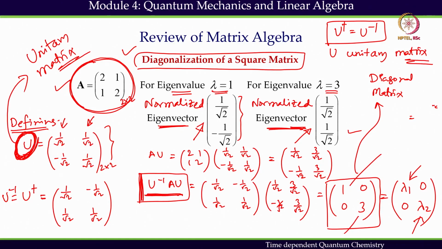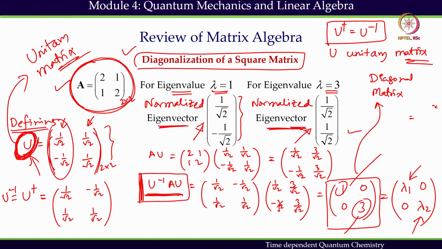And how can I get the eigenvectors? Eigenvectors are already given within this U matrix. So all I have to find out is this U matrix, a unitary transformation, and that's why it's called a unitary transformation. So diagonalizing a matrix is nothing but finding out this unitary matrix associated with this square matrix, because if I find out this unitary matrix, immediately I'll be able to get the eigenvectors and eigenvalues.